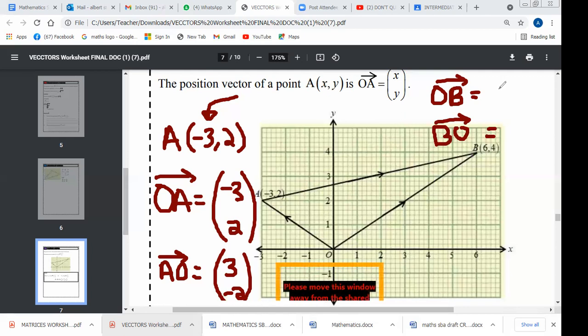All right, quickly, what is OB as a vector? 6 and 4. Right, 6 and 4.